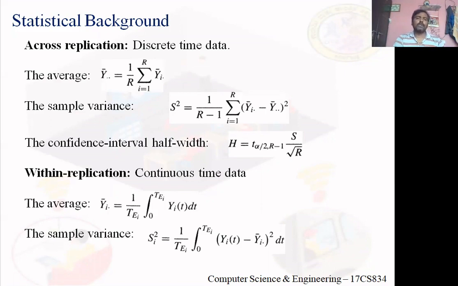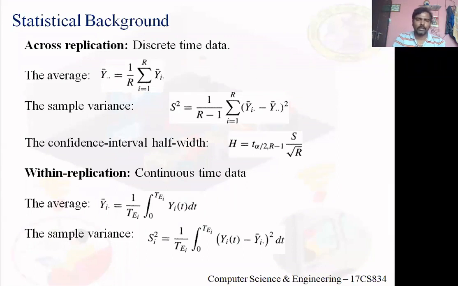So to estimate this average queue length or average number of parts, what we need to do is determine the average of average queue length, or average of average number of parts in a factory. Got it? Clear? So that we'll denote as y bar. So for an ith run, average queue length is given as you can see in the slide.